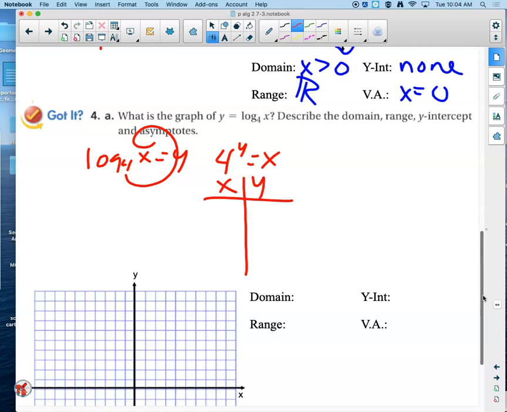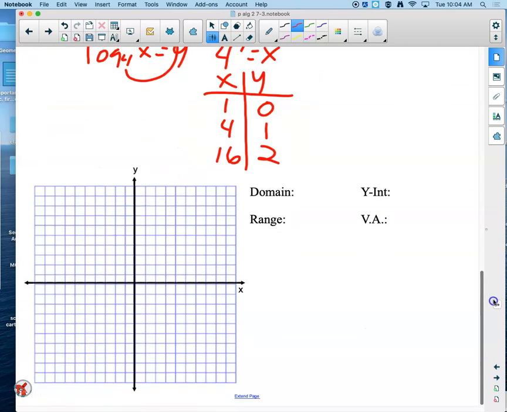Some good numbers to put in for y. Now, we're not going to graph 16.2 because our numbers are from -10 to 10 here, but at least it gives us something to aim at. So we've got the 1, 0, 4, 1, and something to aim at out here.